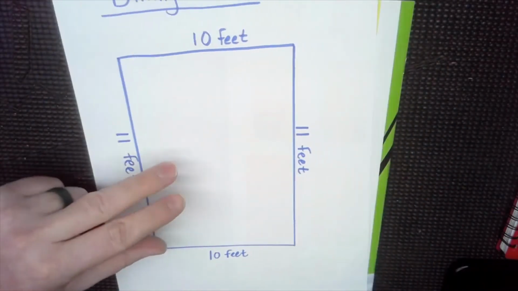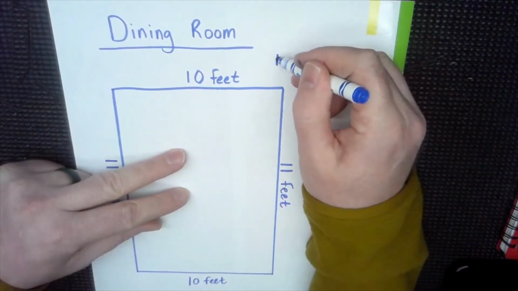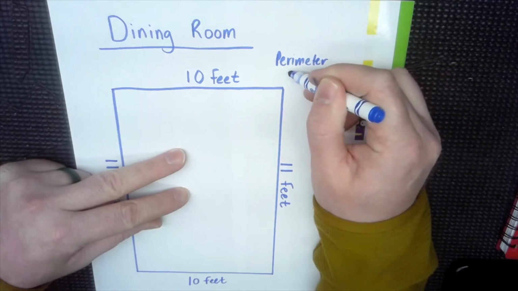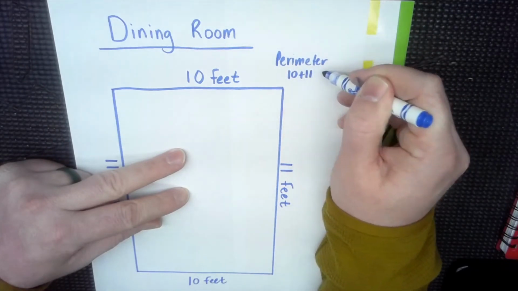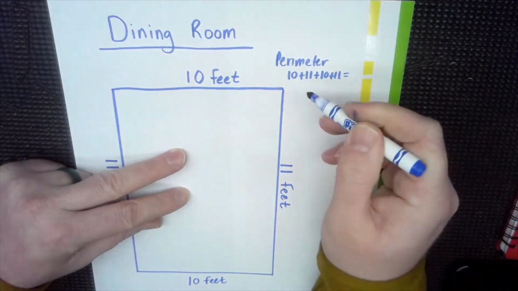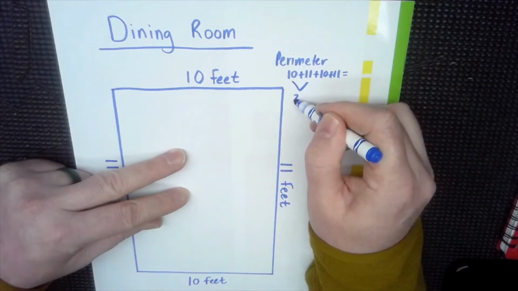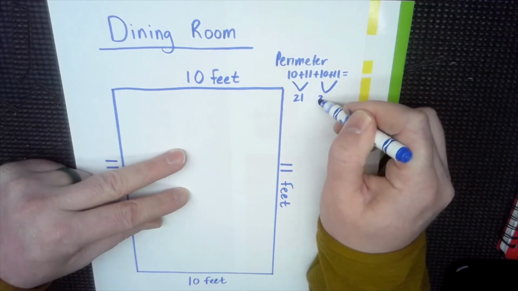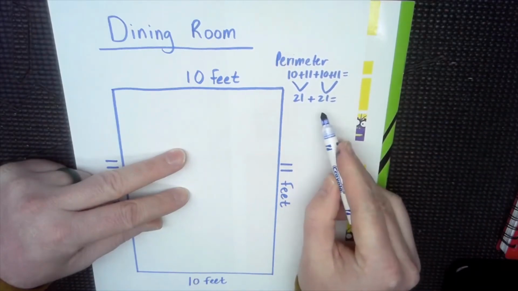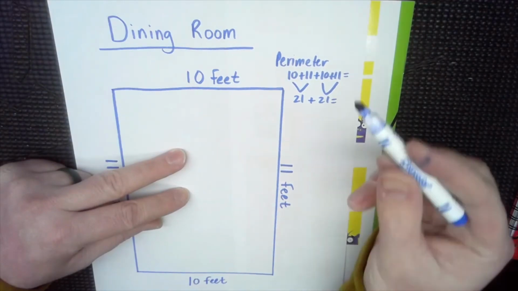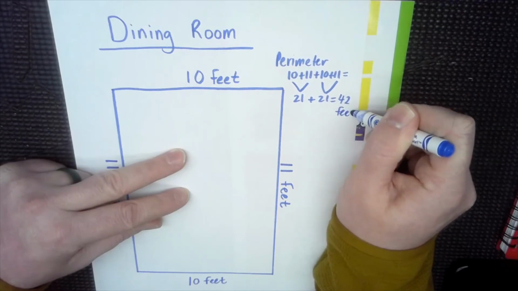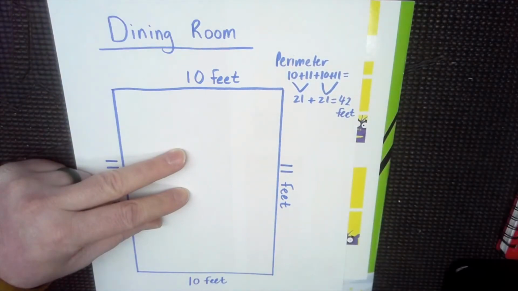So to get the perimeter, I'm going to add up all my side lengths. 10 plus 11 plus 10 plus 11. Now here's my strategy. I'll go 10 plus 11 is 21 and 21, and I'll add those together. And I can think, ooh, 20 plus 20 plus 1 plus 1 would be 42. And that would be in feet. So I've got 42 feet for my perimeter.